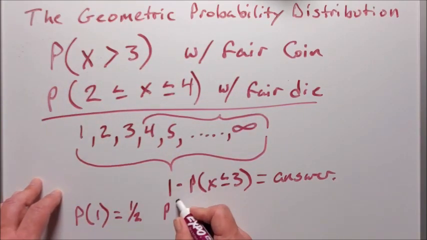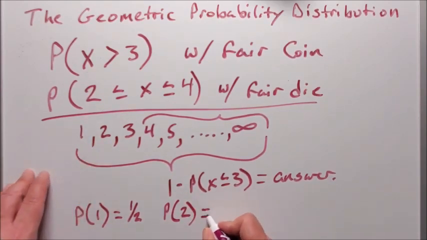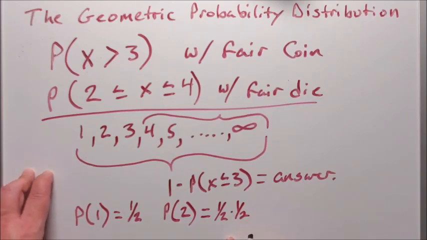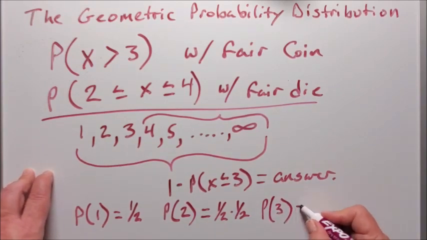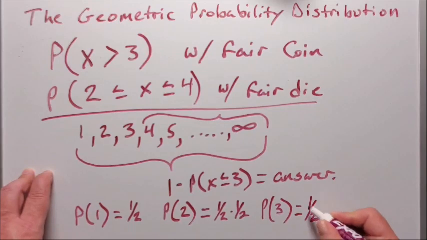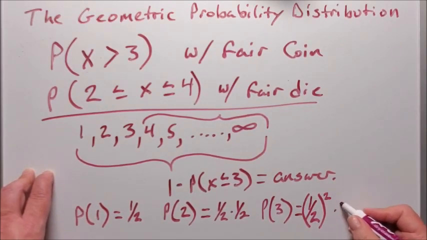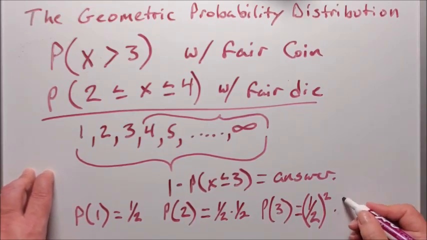The probability of 2, part of our unwanted set, is going to be the probability of failure once times the probability of success. I'm cutting corners here. Please plug it into the formula and work it out. You may want to get that practice. And then finally, the probability of 3 is going to be the probability of failure to the power of 3 minus 1 times the probability of success, which is going to be 1/2.